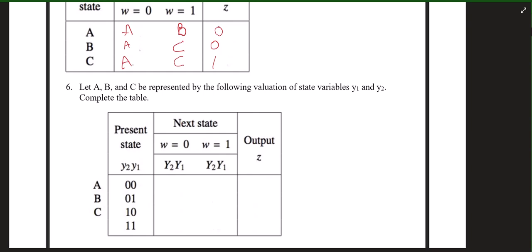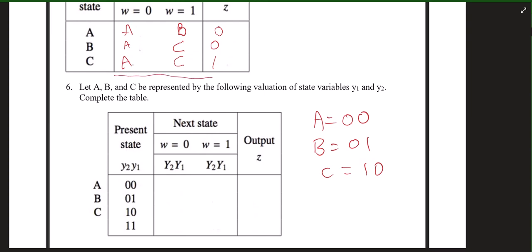The state assigned table is really, really easy. Once you've done the state table, now you are representing your states with a binary number. A is 0,0, B is 0,1, and C is 1,0. You can pick what you want them to be, or you might be told. In this instance, we were told. All you have to do is replace your A's, B's, and C's in your state table with their number.